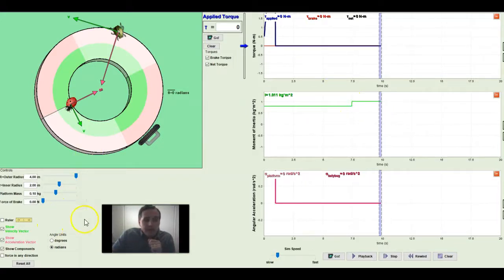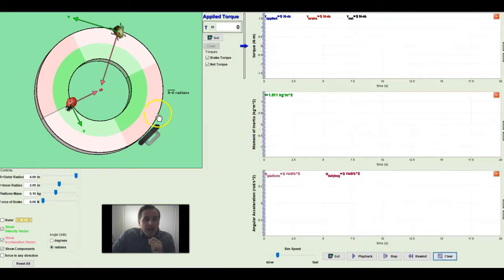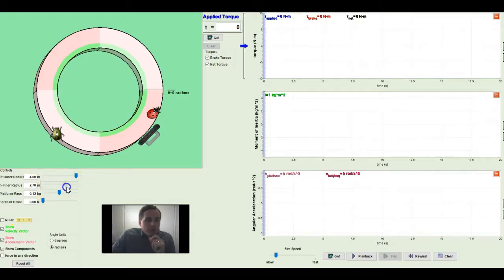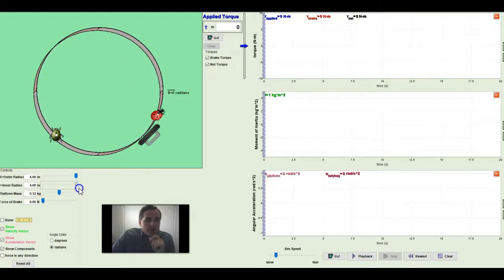Okay? So let's in fact clear and reset everything here for a second. And let's go ahead and make the inner radius quite large. So this is almost like a hoop. So in fact, let's make it a hoop, shall we?